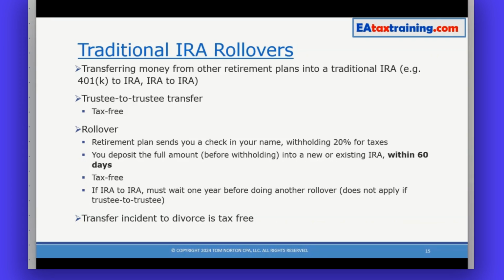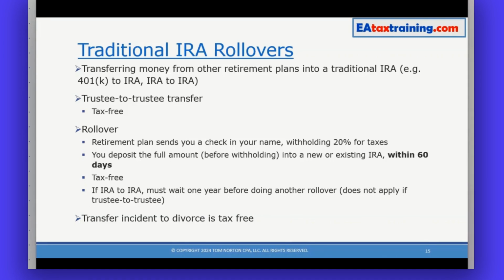Of course, when you file your tax return for the year, you'll get that 20% back as long as you do a rollover, because the rollover is tax-free. So you'll end up getting the 20% back eventually. But for right now, all you're going to have is a check for $80,000.